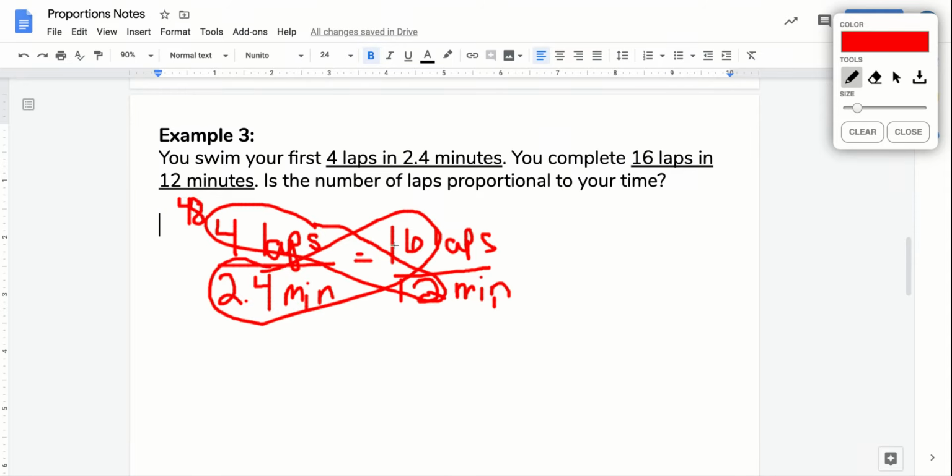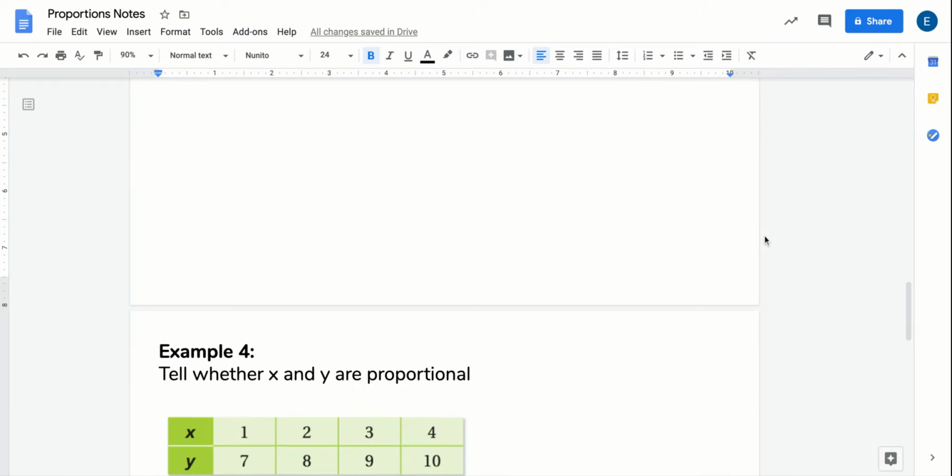Well, I'm already noticing they're not the same, but I've got to write it out. So 48 is not equal to 38.4. So no, it is not proportional. All right, let's take a look at our last example.